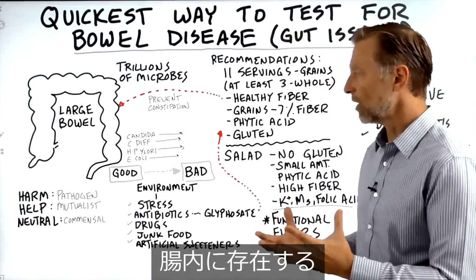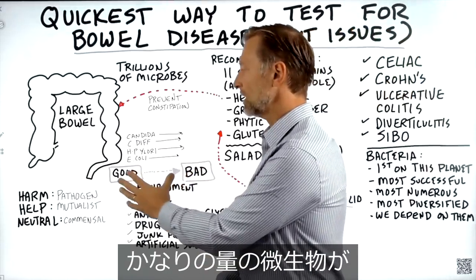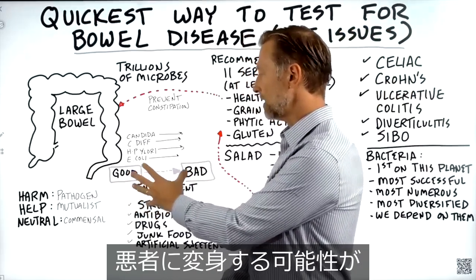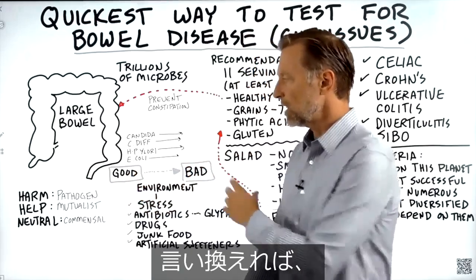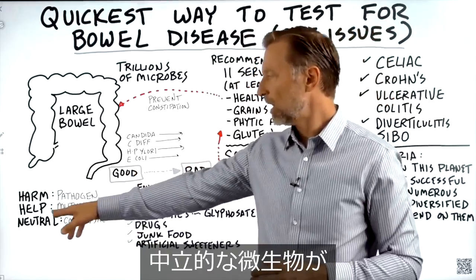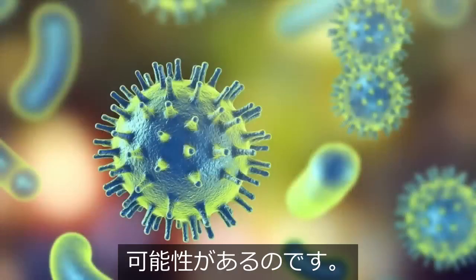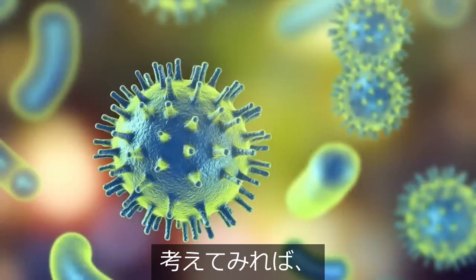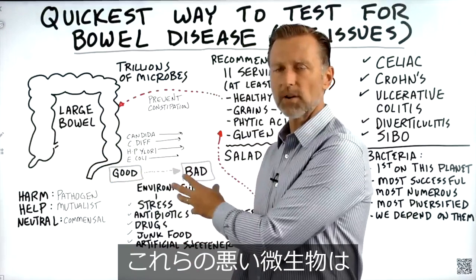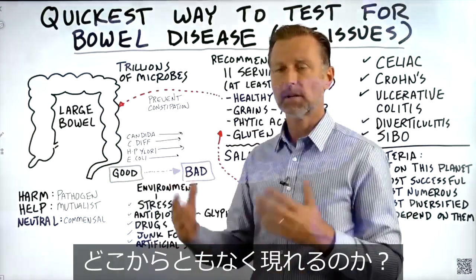So here's what you need to know about that. A good amount of the microbes that you have in your gut actually can change, morph into the bad guys. So in other words, you can have a microbe that is neutral that can turn pathogenic. Because if you think about it, where do these bad microbes come from, right? Do they just kind of appear from nowhere?